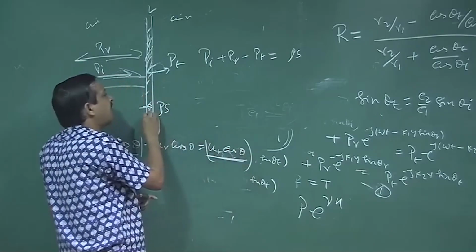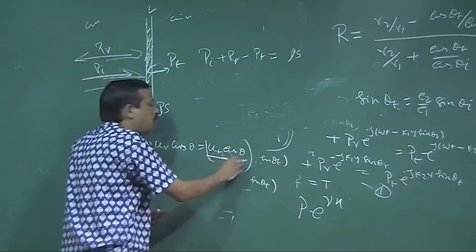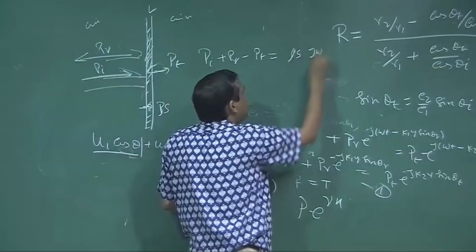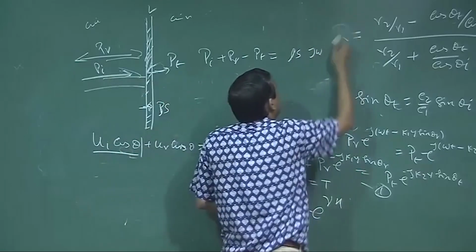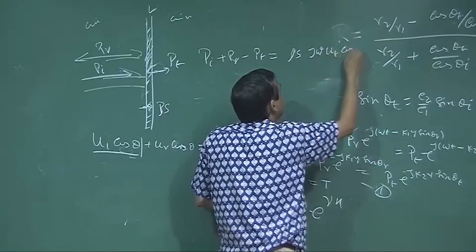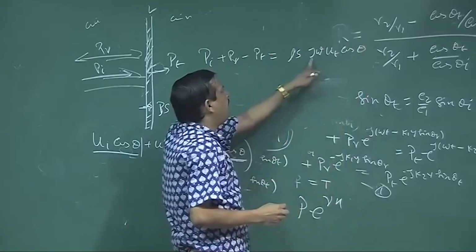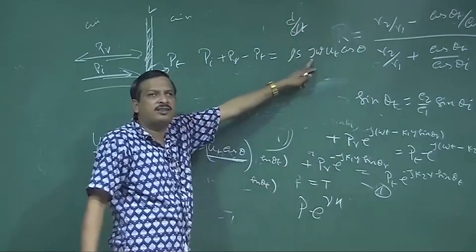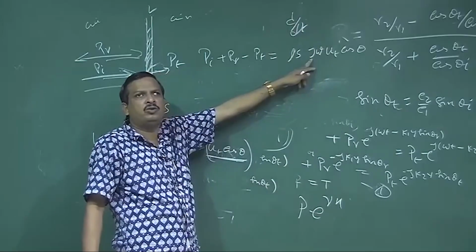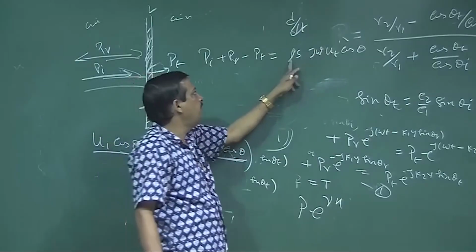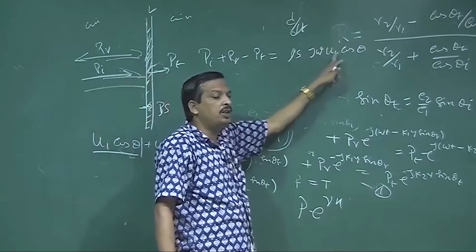Acceleration is the derivative of the velocity, and d by dt is written as j omega, so it is j omega ut cos theta. We said in the first lecture also that d by dt we always treat as j omega. So j omega rho S times j omega ut cos theta.